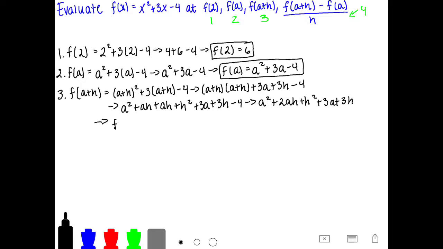So now you have f of a plus h equals a squared plus 2ah plus h squared plus 3a plus 3h minus 4, and that is your answer.